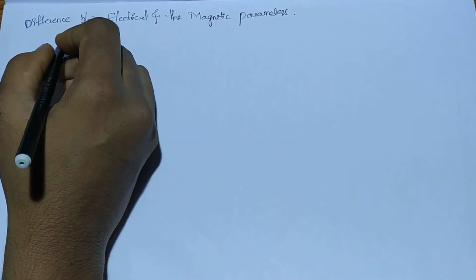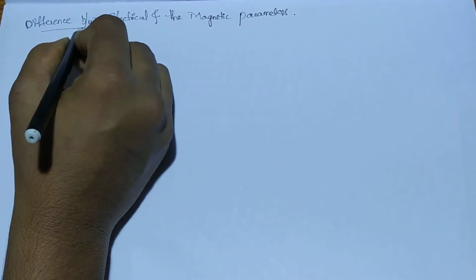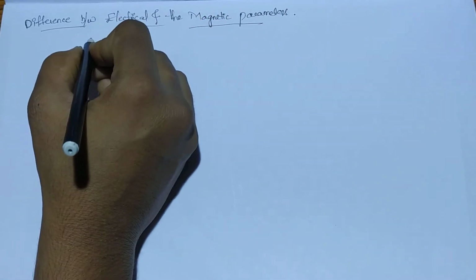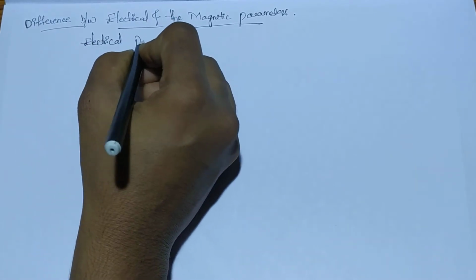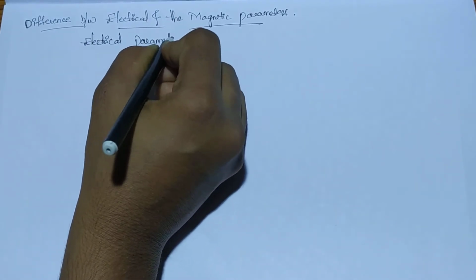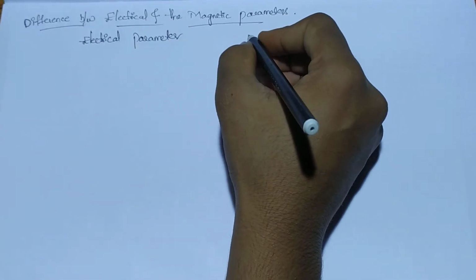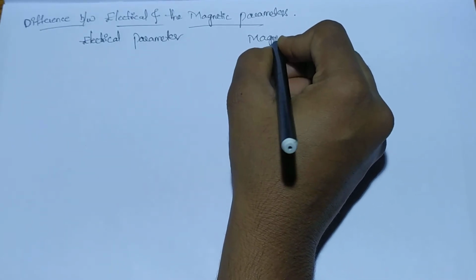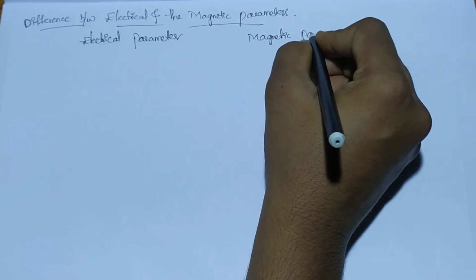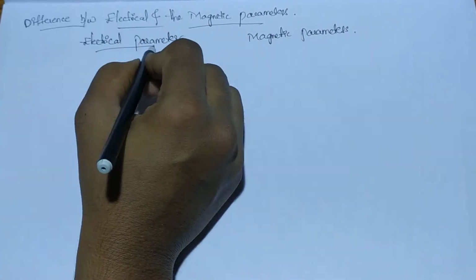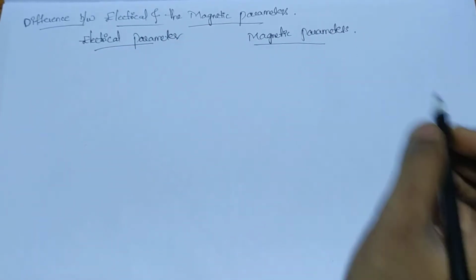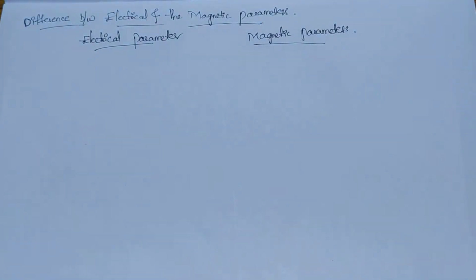I'm taking the left side as electrical parameters, and I'm taking the right side as magnetic parameters. These are the basic parameters for electrical engineering students to get a clear idea about. So now we can go through it one by one.